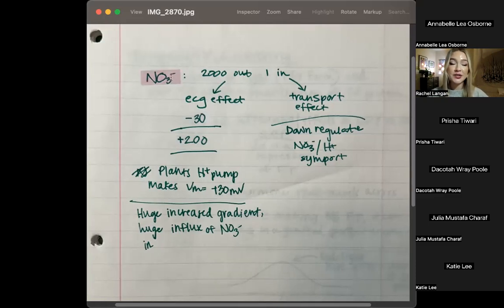So actually nitrate is going to want to leave the cell under regular conditions, which is actually kind of typical. And so that's why we don't have nitrate channels. That's why we have nitrate symporters, because we have to actively pump it in.